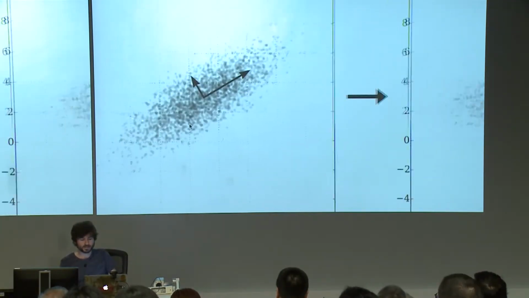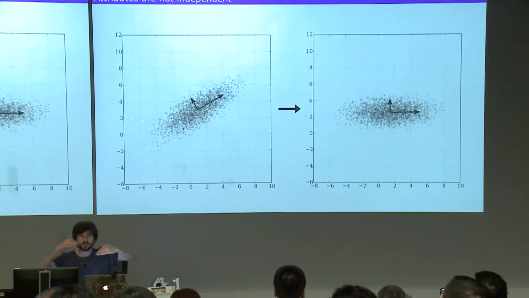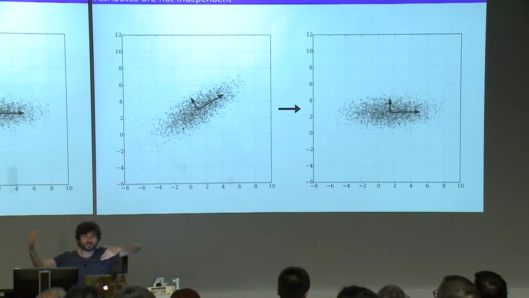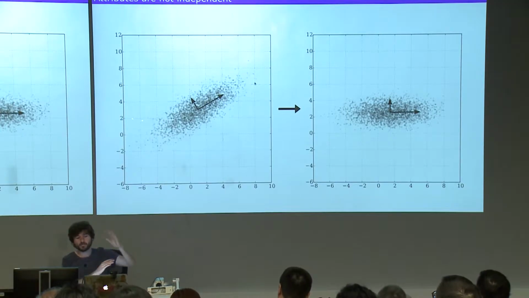Here you see we find this vector that runs through the dimension of the data which captures the most variance. The most variance of the points lies along this vector. And so then we take that data set and we rotate it so this becomes our new x-axis.